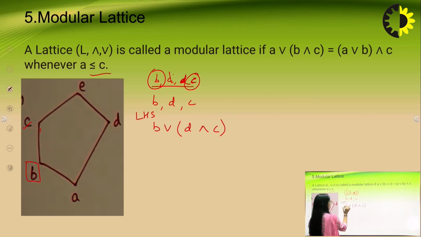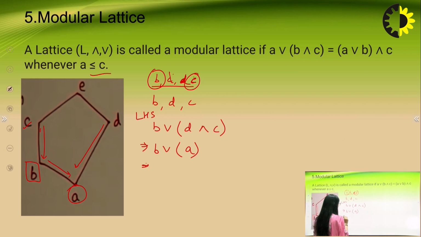For the LHS, firstly D meet C, that means we need to move downwards from both the elements. We reach A as a common point, then B join A. From A we need to move upward and we reach B. So the join is B.